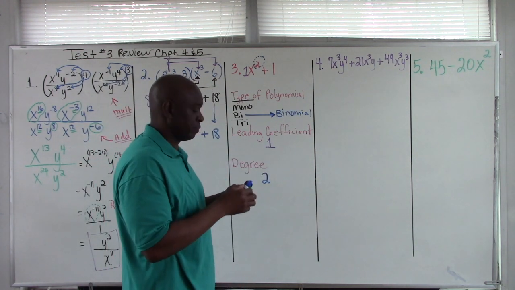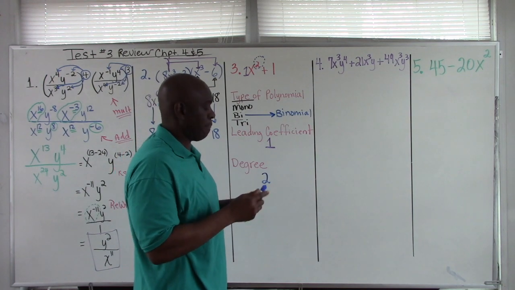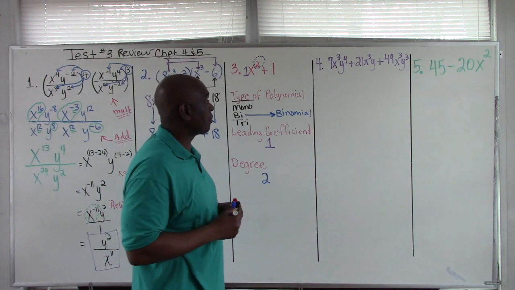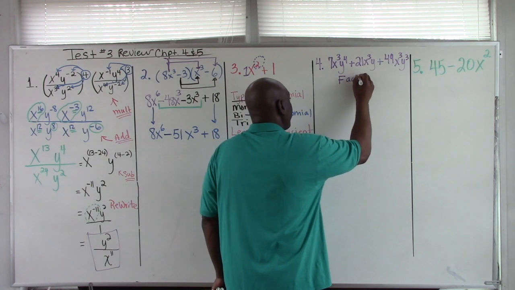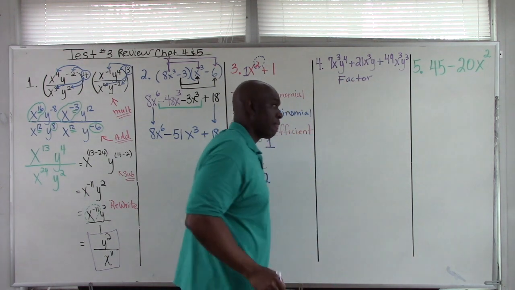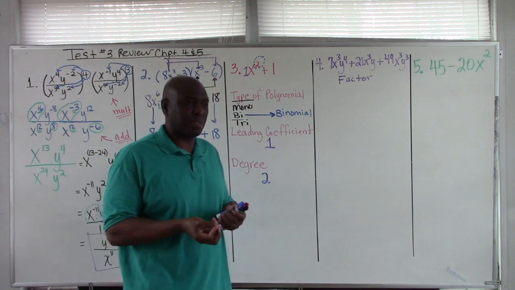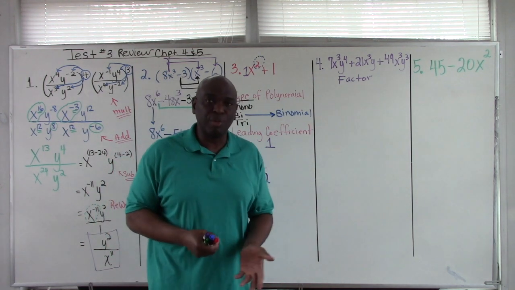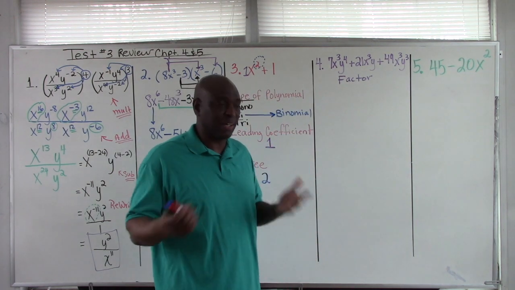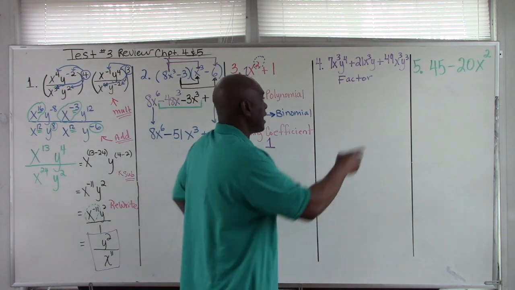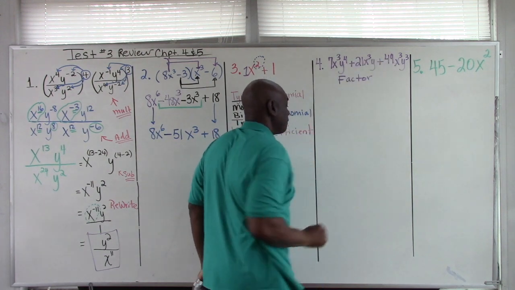Number 4. All right? You have to factor this. Now in this type of problem, it's a trinomial with 3 terms. See, 1, 2, 3. We have to factor it. There's a lot of powers and things going on here.